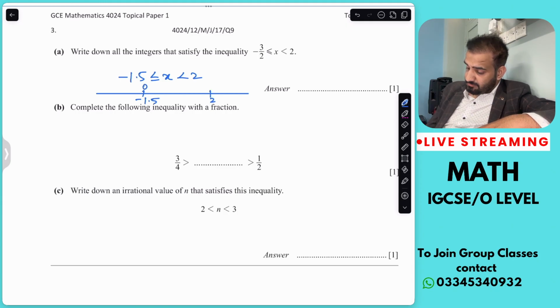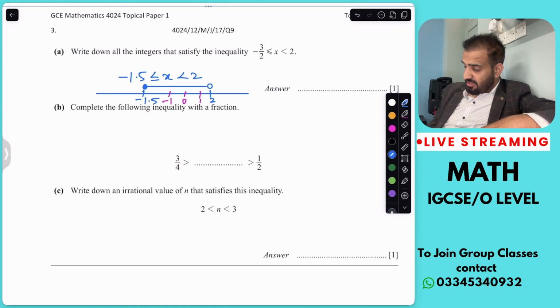So what are the integers? Minus 1, 0, 1. That's it. So these are all the possibilities, minus 1, 0, and 1.